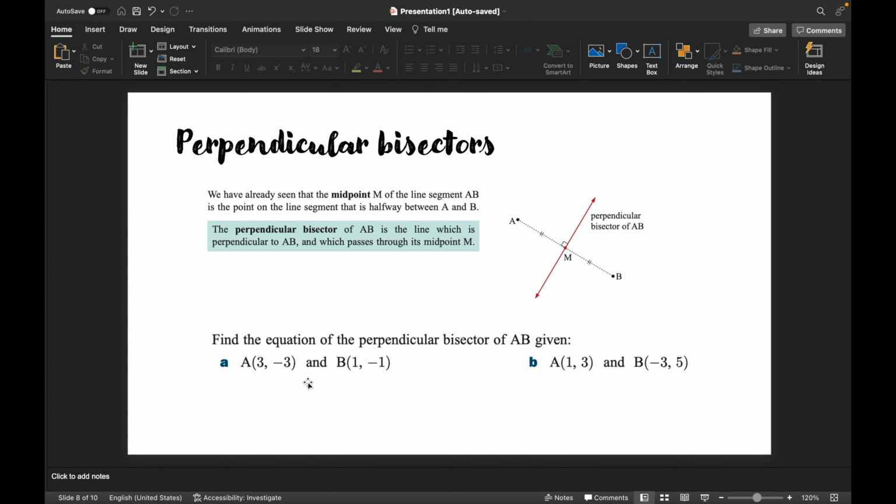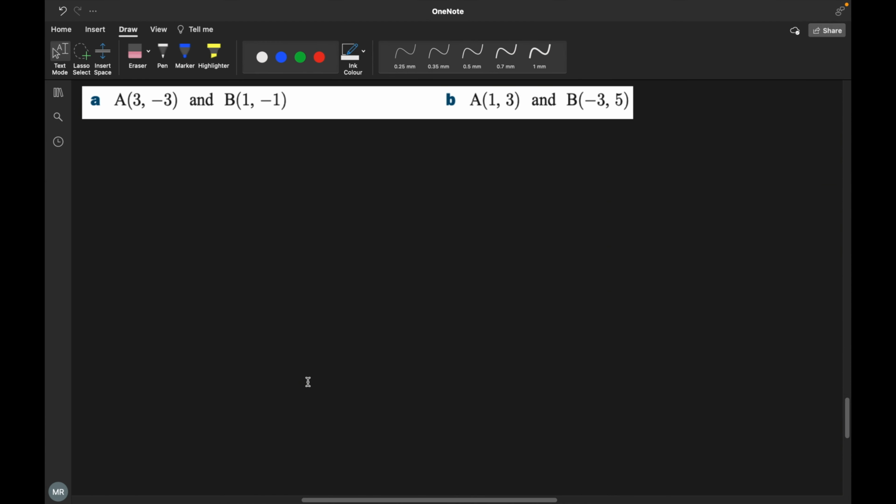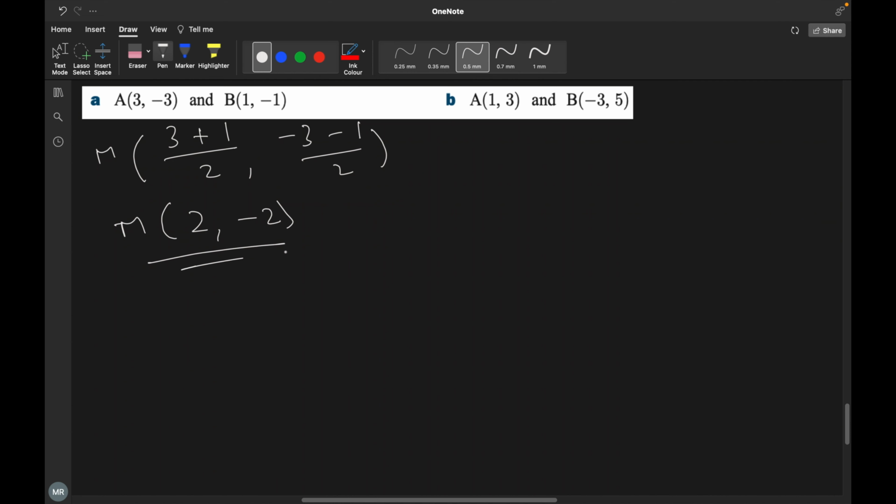Okay, so now let's work out this example. As I told you, we're supposed to find the midpoint. So M would be (3 plus 1) divided by 2, comma, (negative 3 minus 1) divided by 2, which is 4 divided by 2, which is 2, and negative 2. So that's the midpoint. And now we'll find the gradient. That would be negative 1 minus negative 3, divided by 1 minus 3.